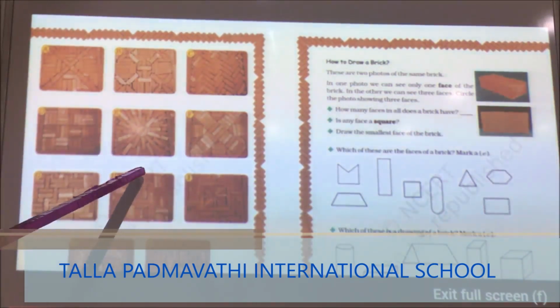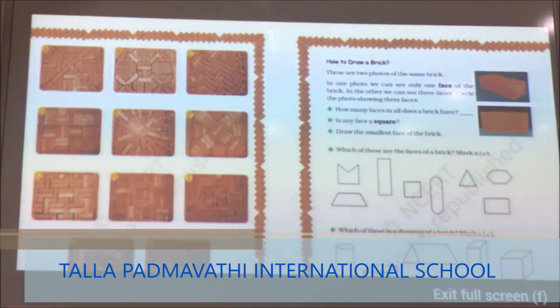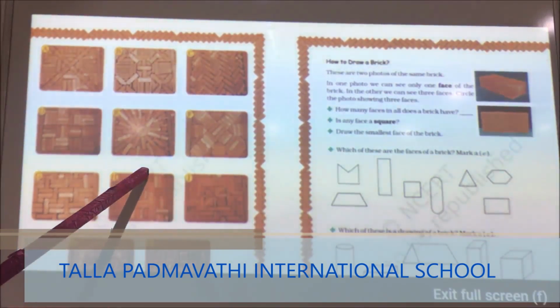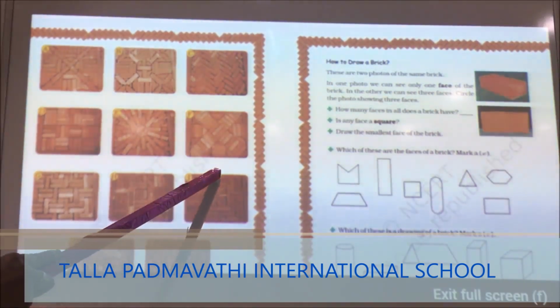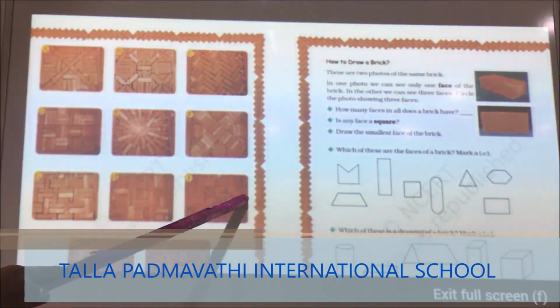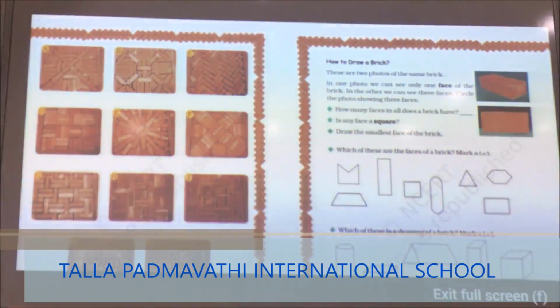So the next one is H. See children, here the pattern is repeating. So it can be easily made symmetric by drawing a vertical line. The next one is I. Yes, we can also do horizontal, vertical, and also I think slanting. So it has axes of symmetry. The next one is J. Do you remember?